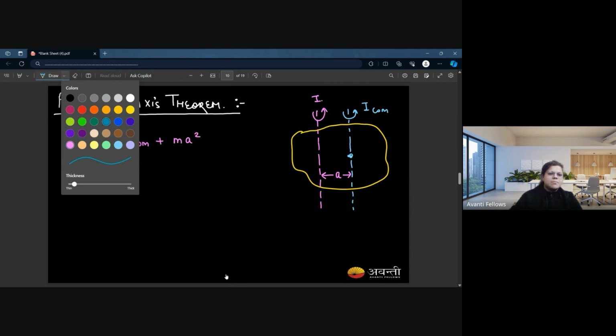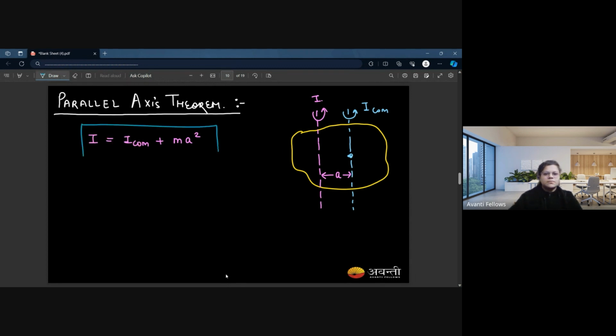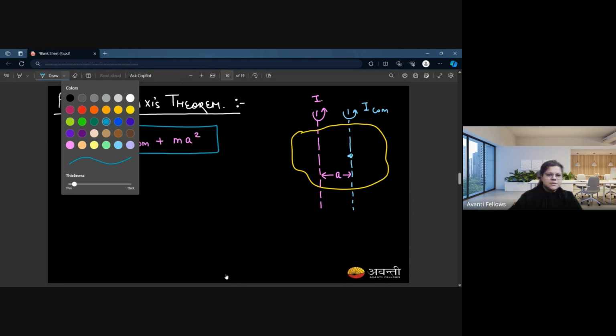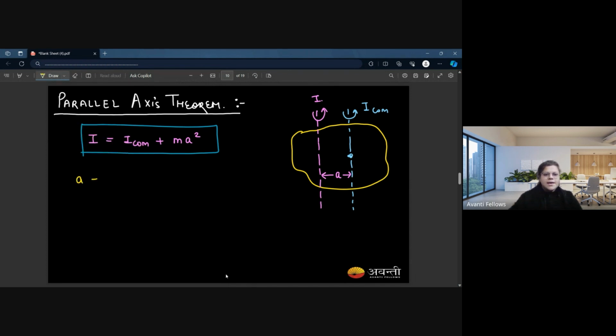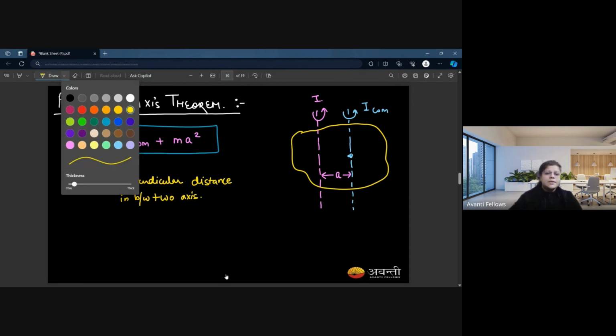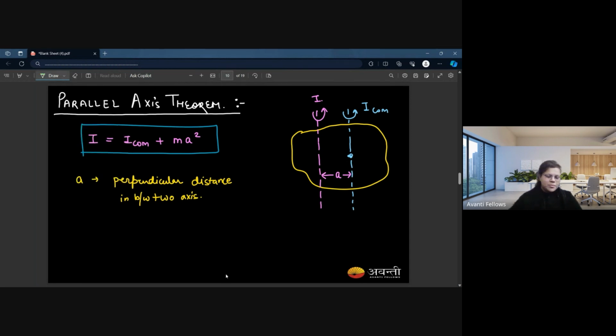Now for this statement we have a few conditions. First, a is supposed to be the perpendicular distance in between the two axes. The second thing, which we cannot compromise on: out of these two axes, one axis must pass through the center of mass for sure.